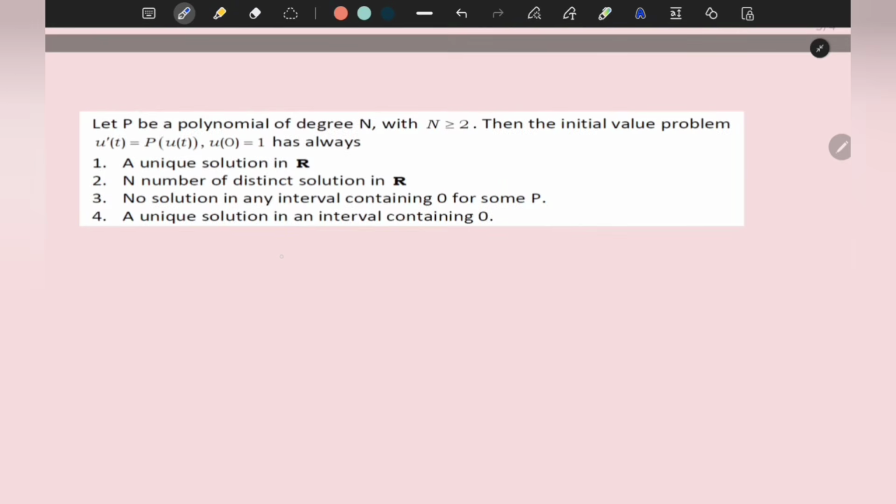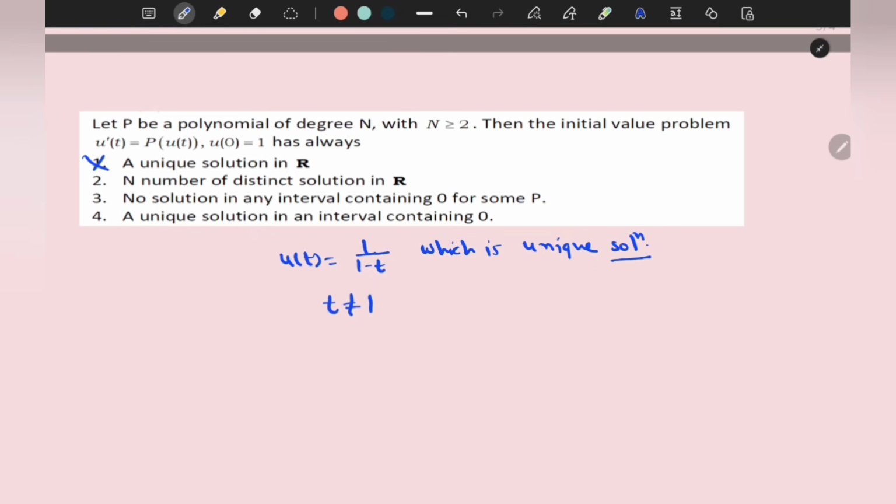We have calculated the solution u(t) = 1 upon 1 minus t, which is a unique solution, and it exists when t is not 1. So the first option, a unique solution, is incorrect, because the solution does not exist when t is equal to 1.